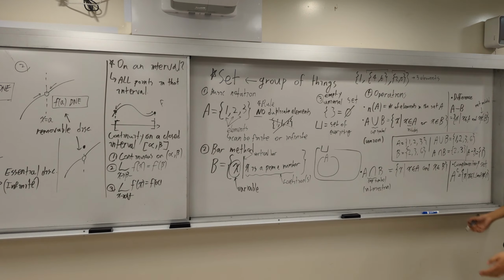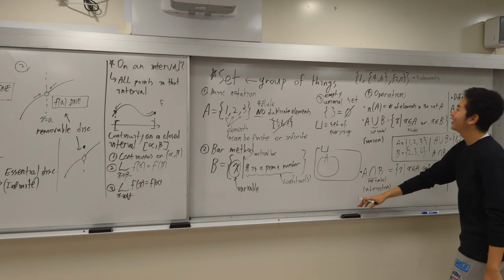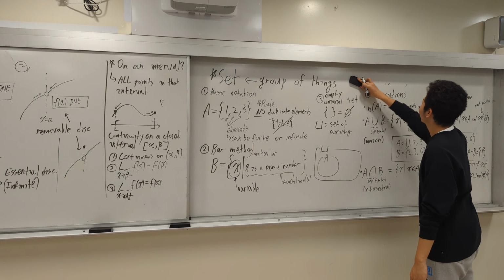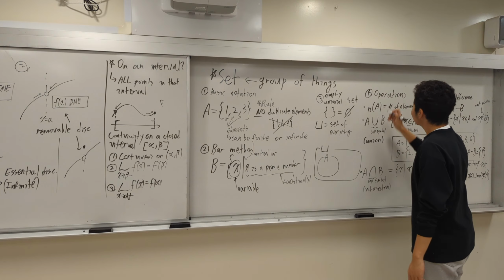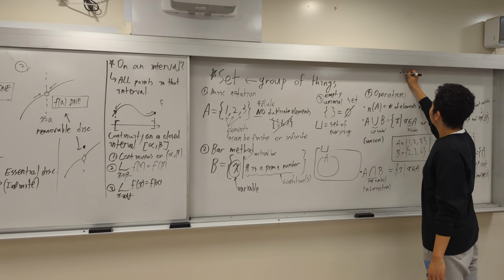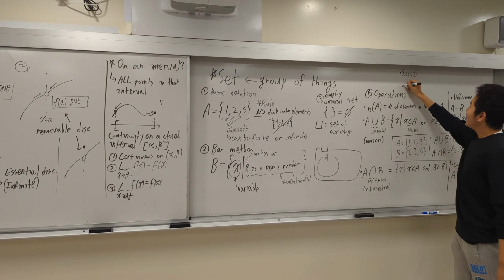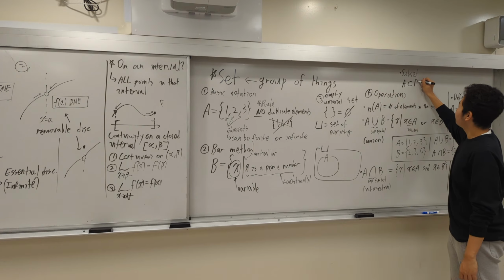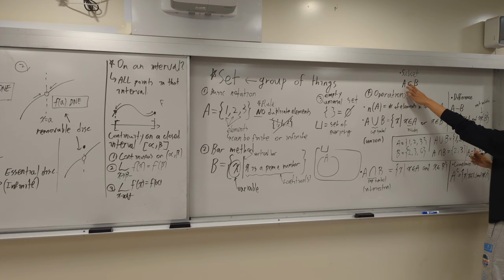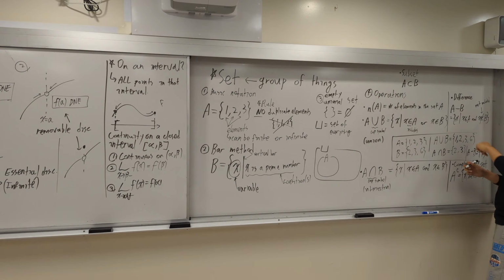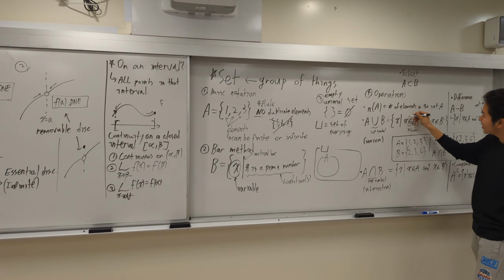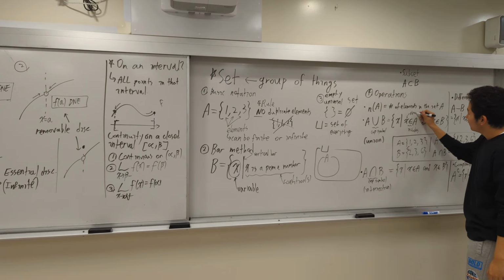Oh yeah, final thing. I ran out of space. Subset. A is a subset of B. We call it that. So you notice that there's no third line in here. So this is when you're comparing an element to a set.